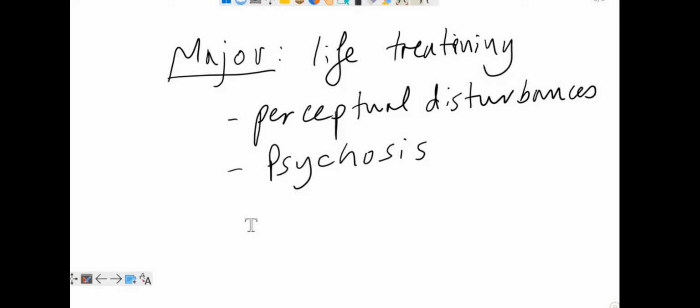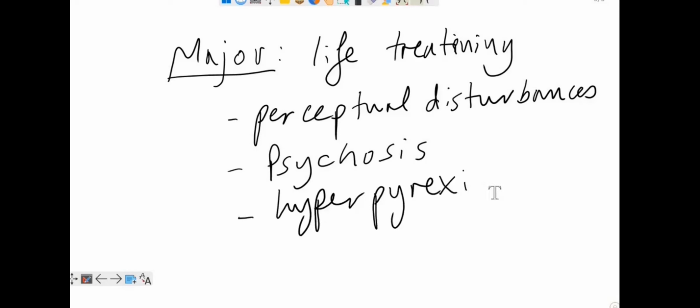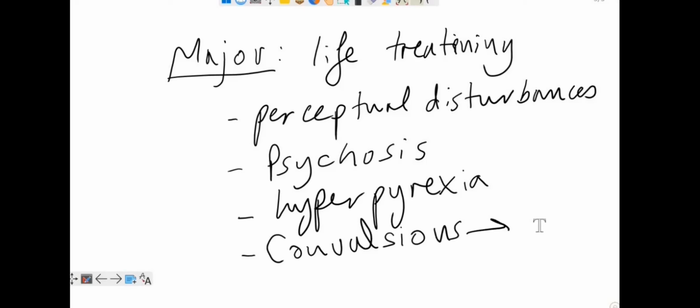His body temperature will increase, and this will produce what's known as hyperpyrexia, an increase in body temperature. Besides anxiety, insomnia and nightmares, he might get perceptual disturbances including psychosis, hyperpyrexia, and in the end, the patient can enter into convulsions, and convulsions of course can lead to death.